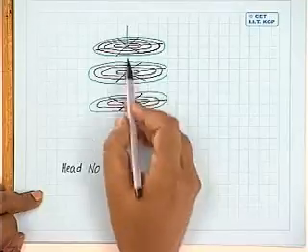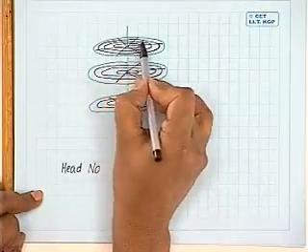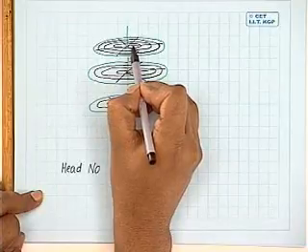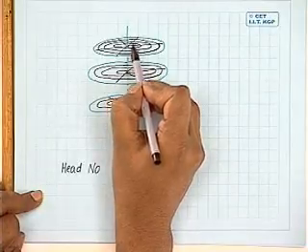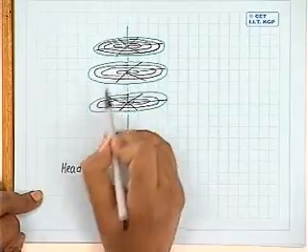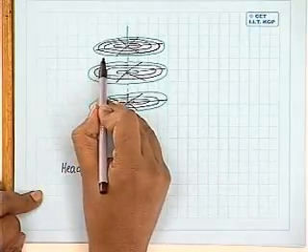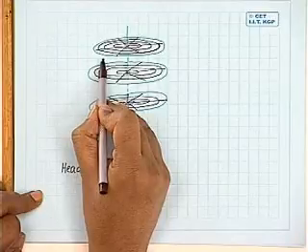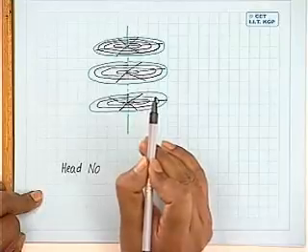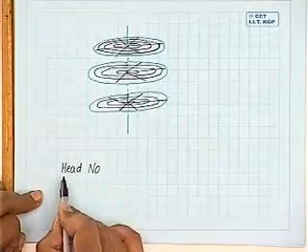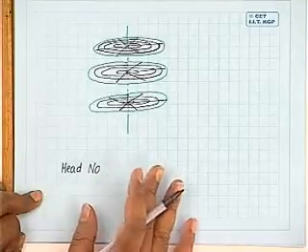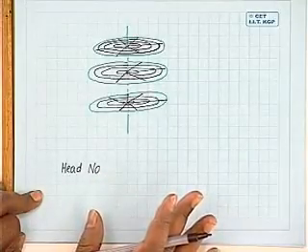So if I say head number 0, then the top surface of the top disk is accessed. If I give head number 2, then the top surface of the second disk will be accessed. If I give head number 1, then the bottom surface of the topmost disk will be accessed. So the moment I say head number, I uniquely identify the particular surface in which I am interested.